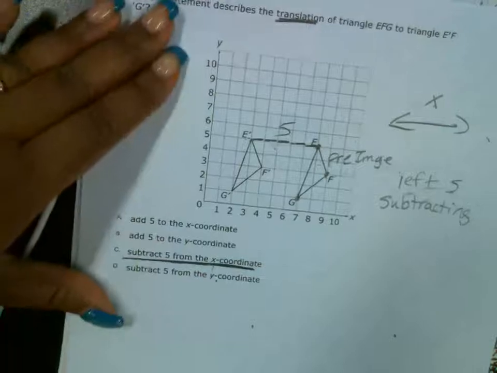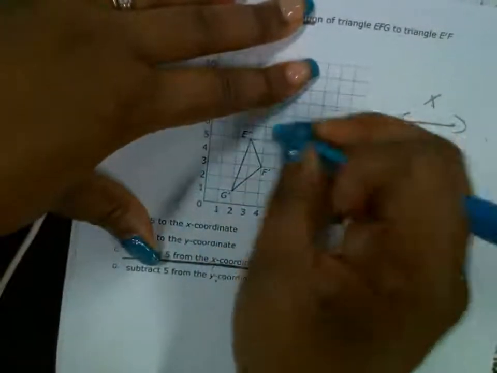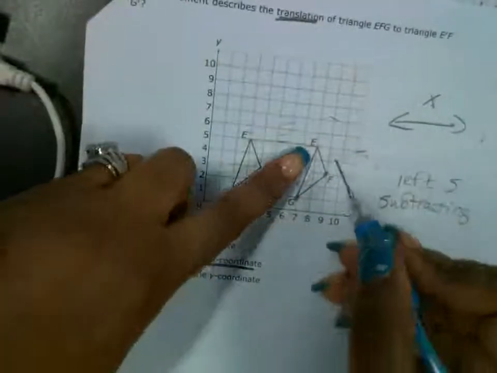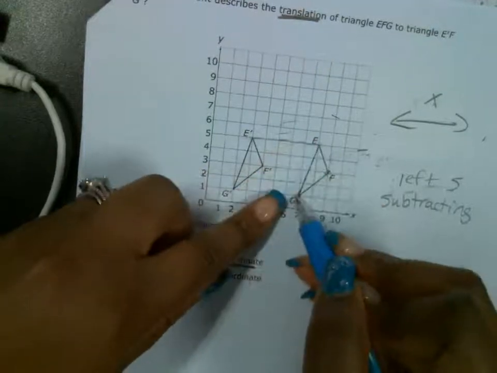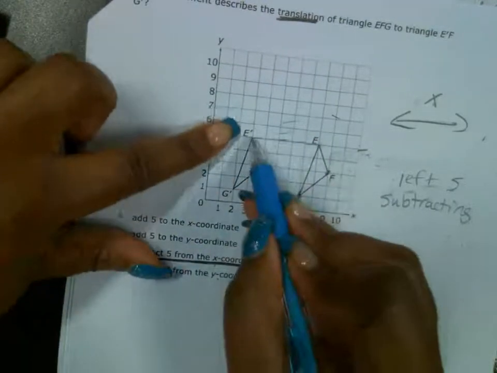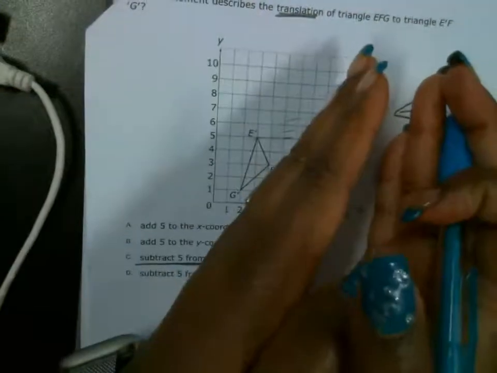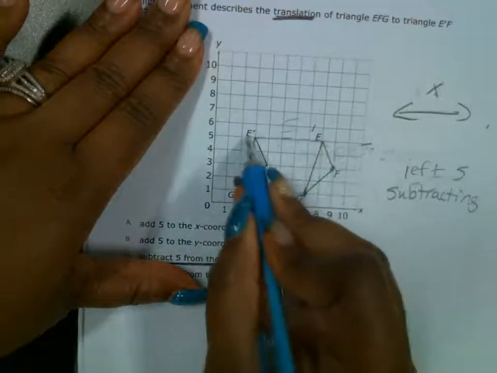All right, so look at this. Do you understand? Let me erase. Guys, you can go ahead and start your quiz. Do you understand that this right here is the pre-image because there are no tick marks? Do you understand that this is where it moved to? So it's moving to the left. Because it's going from here to here.